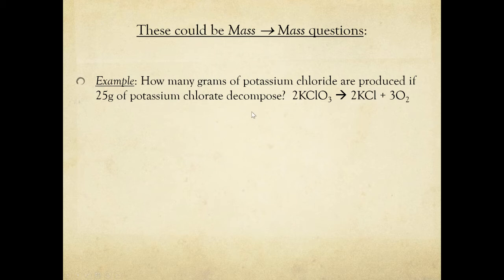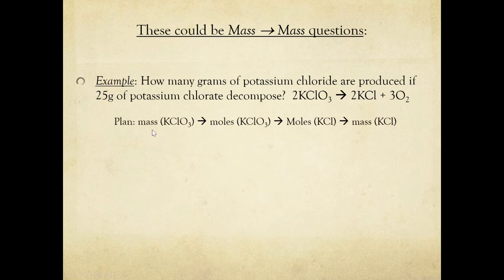Step two, I'm going to make a plan. I want to go from my 25 grams of potassium chlorate to moles of potassium chlorate, and I'm looking for potassium chloride. So I'm going to go from moles of potassium chlorate to moles of potassium chloride, and then to mass of potassium chloride. There's my plan: mass to moles, moles to moles, moles to mass of your KCl.